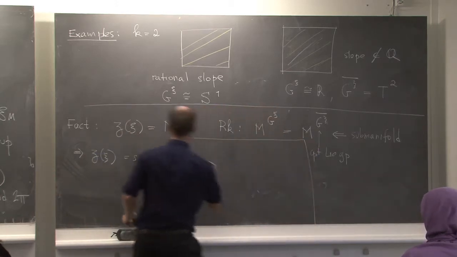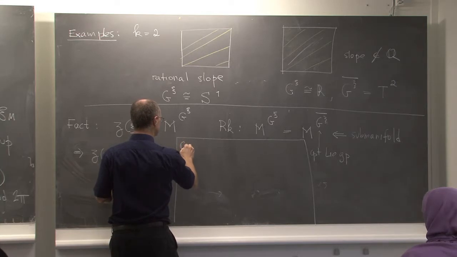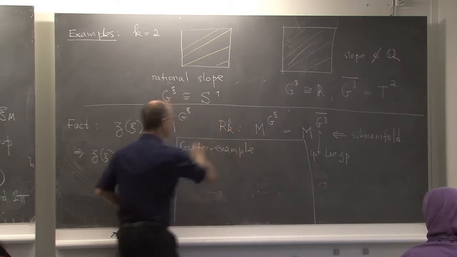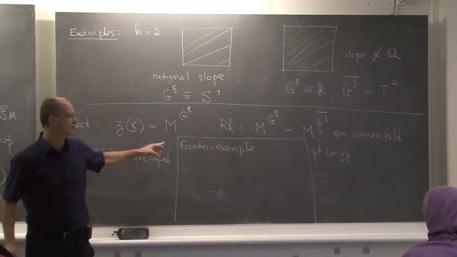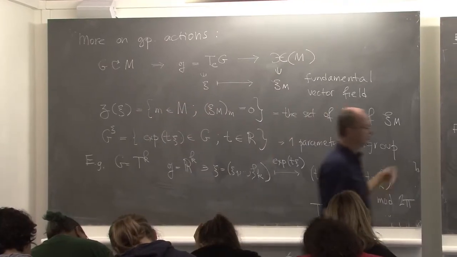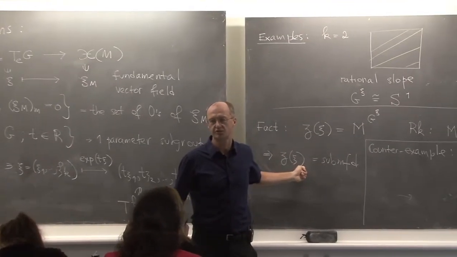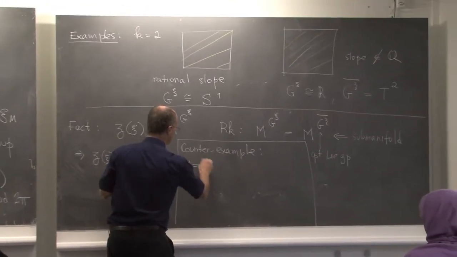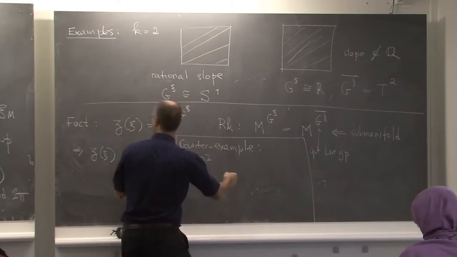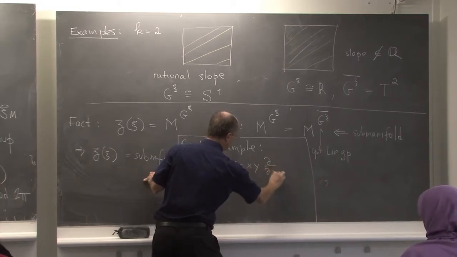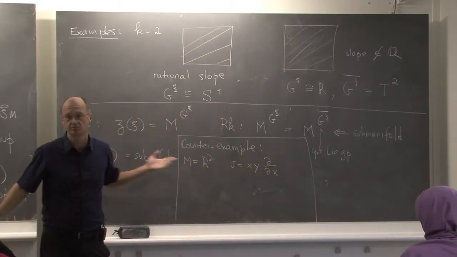Maybe just one small counterexample, just to show that this is not completely obvious. If you take a vector field which doesn't come from a group action, it's very easy to arrange it such that the set of zeros will not be a submanifold. For instance, take R^m equal to R^2 and take your vector field to be xy d/dx.